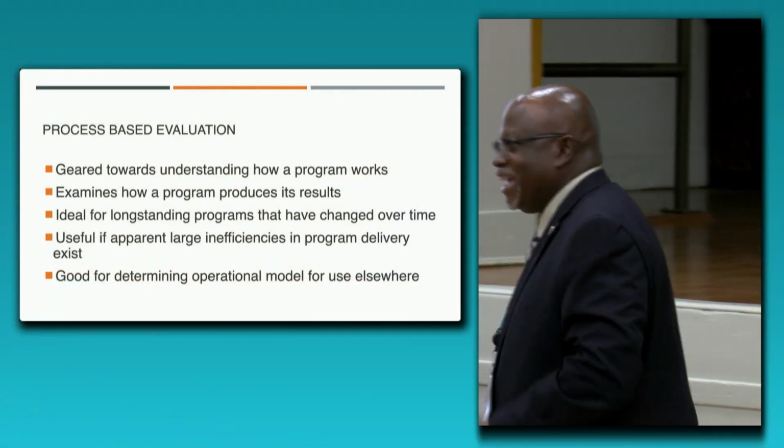How did your program produce results? How did you measure the results? And what are inefficiencies that you need to work with to refine? How can you change that? So again, if you look at the last bullet point, it says this is good for determining operational models for use elsewhere.